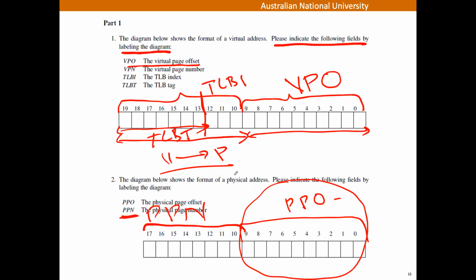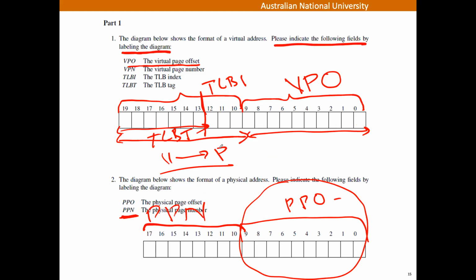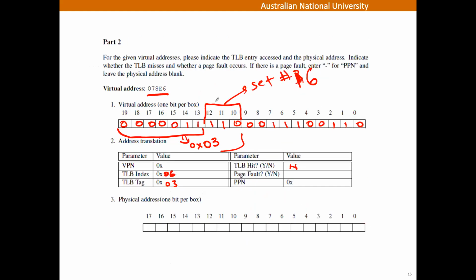So what is the virtual page number for this address? The virtual page number is all these bits, right? So what's the virtual page number in hexadecimal? This is the virtual page offset, and all these bits are the virtual page number.